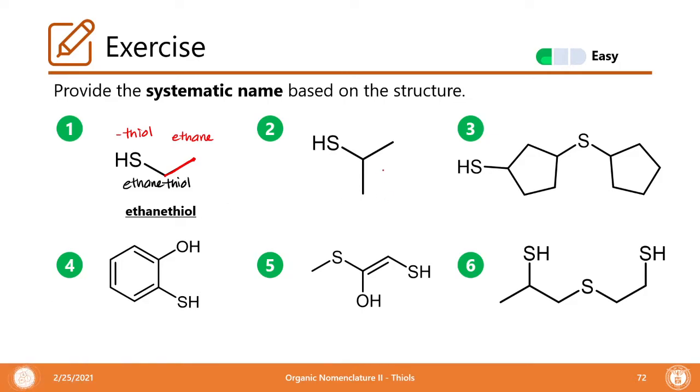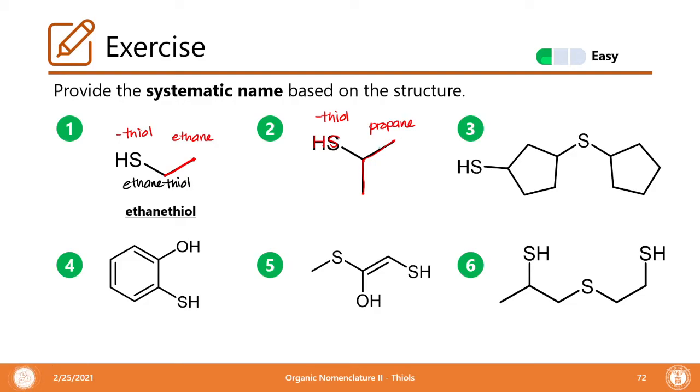Okay, let's go to the next one. Here we have the thiol group SH or HS, and we have 1, 2, and 3. So we have a propane group. Okay, propanethiol.